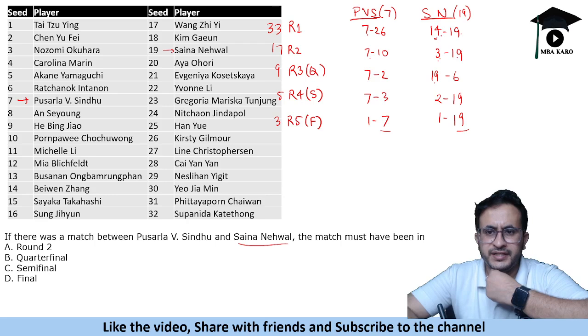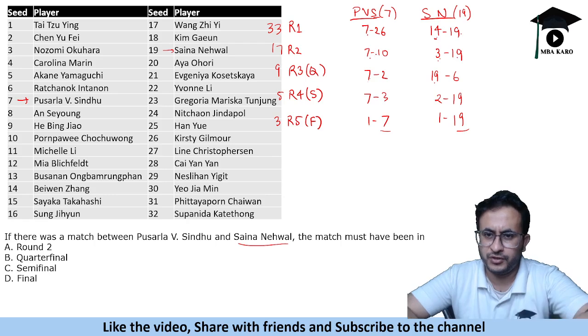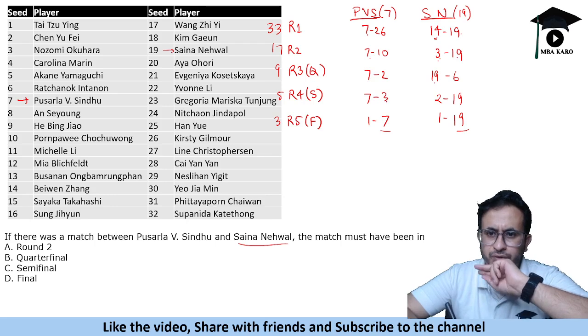So if you see that it is 19 versus 14, 19 does not play against this player. 19 versus 3, 19 versus 6. Okay, so if you see this, 19 versus 2.